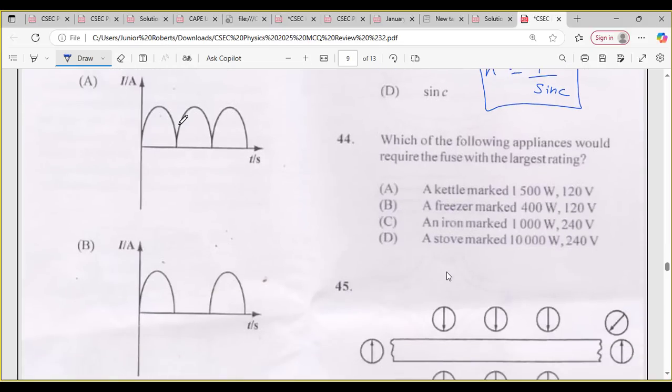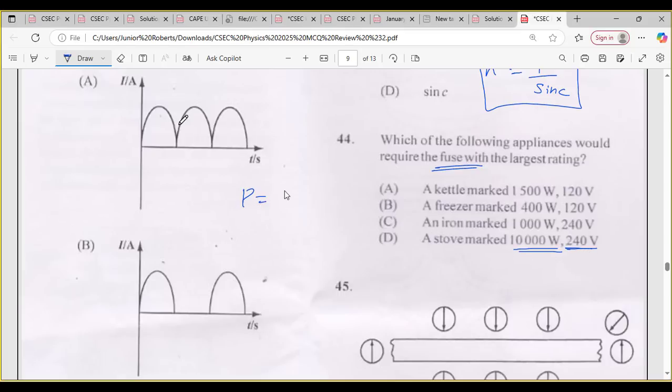44. Which of the following appliances would require the fuse with the largest rating? A fuse is used to limit the amount of current, so we need to know which of these devices will draw the greatest current. Here we have 10,000 watts and a voltage of 240.